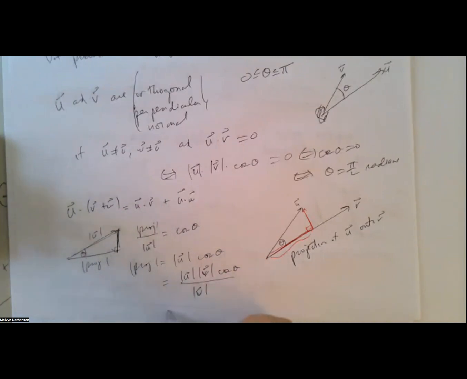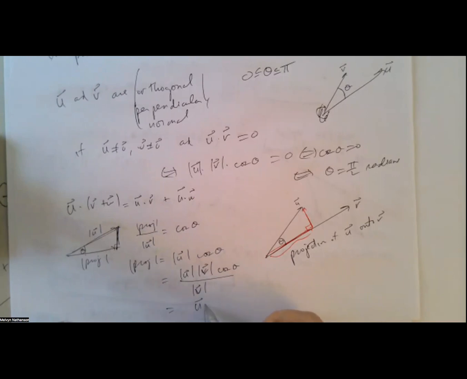And what this then is, is the dot product of U and V divided by the length of V. So the length of the projection of U in the direction of V is the dot product divided by the length of V.